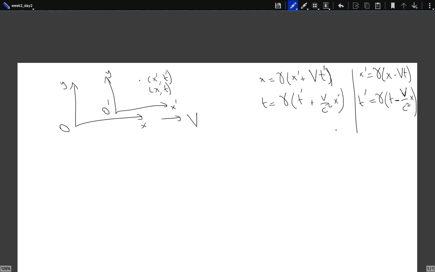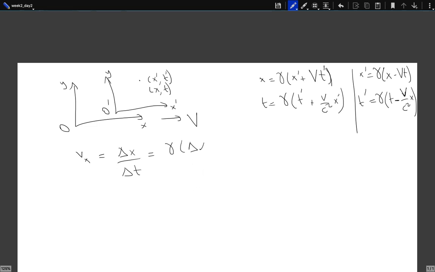And then using these relationships, for one thing we derived the addition of velocities. Just to repeat one of the examples, the velocity of an object measured by the observer in O prime reference frame would be equal to delta x by delta t. Both of these quantities should be measured in the reference frame O. But we know how these are related to the measurements in the reference frame O prime through our Lorentz transformation.